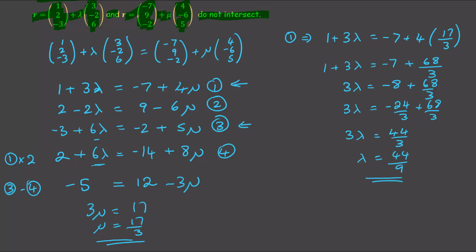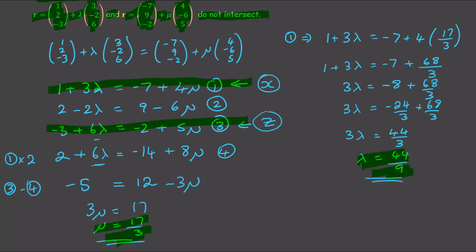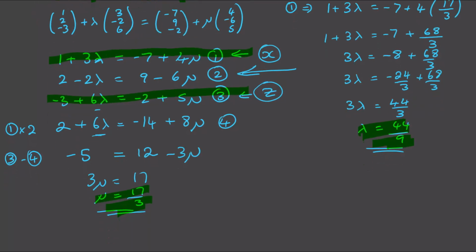Okay, so we used the first equation and the third equation. So these values will give us points where the x and the z coordinates of the point, or the i and k components, are the same. But if we want to show they don't intersect, what we need to then show is that the y doesn't work.